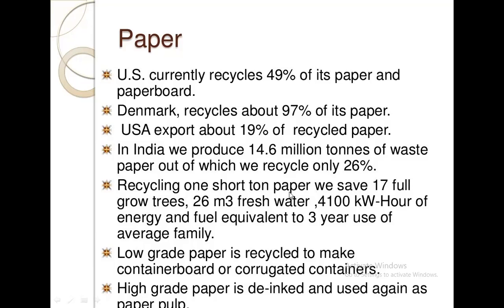By recycling one short ton of paper, we save 17 full-grown trees. If one ton of paper is recycled, we can save 17 full-grown trees, 26 cubic meters of fresh water, and 4,100 kilowatt hours of energy, energy and fuel equivalent to a family's 3-year use.